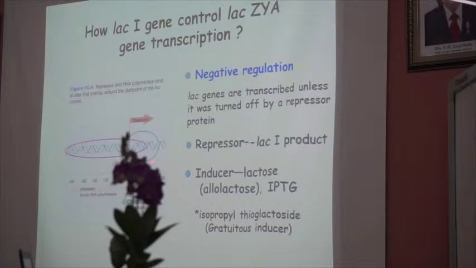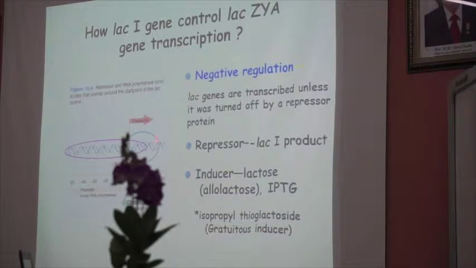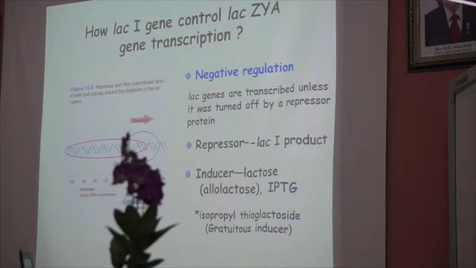This area overlaps with the operator region, where the repressor protein is bound. So we can imagine that when there is a repressor protein in this position, RNA polymerase cannot start the transcription.